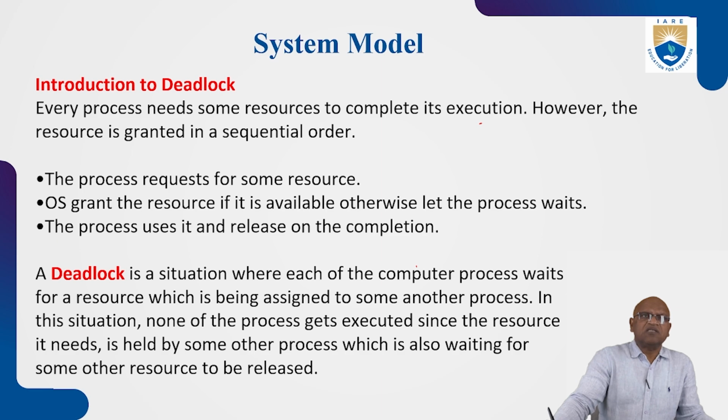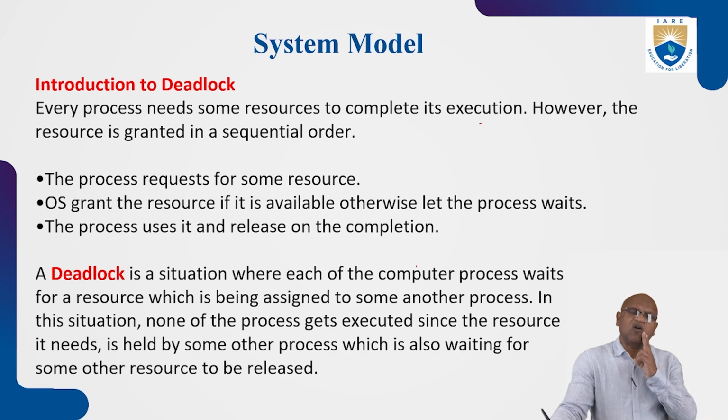The process uses it and releases it on completion. Because as we discussed, a program under execution is called a process. The program is whatever we write in Java, C or Python. There may be 100 lines or 1000 lines, but each line will be executed by the CPU.